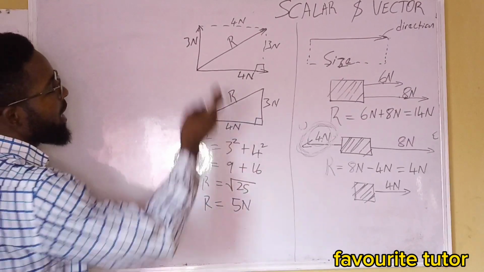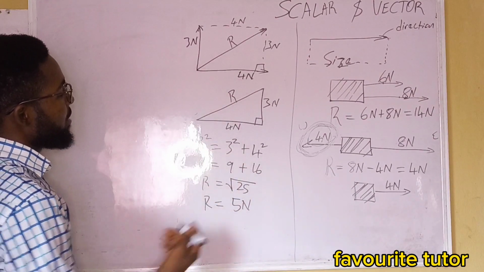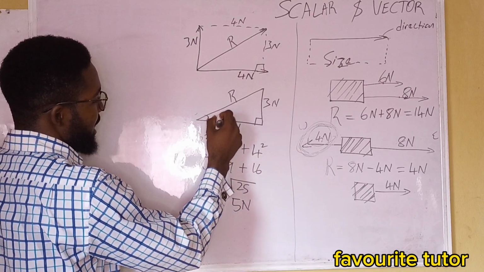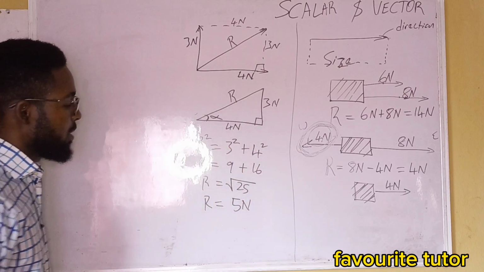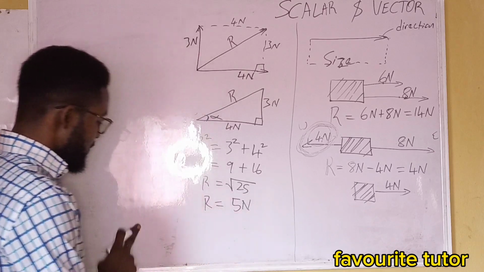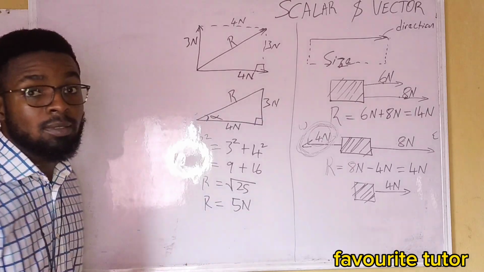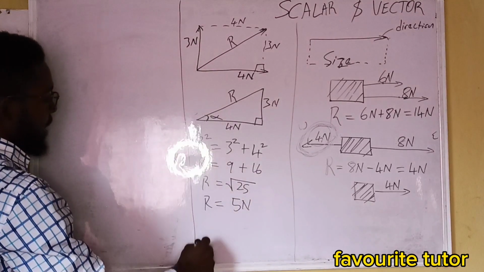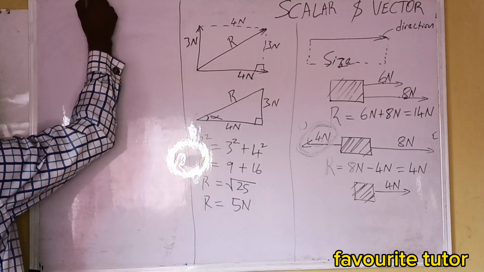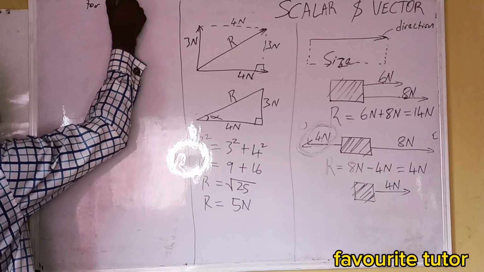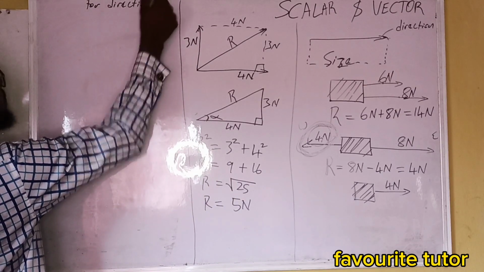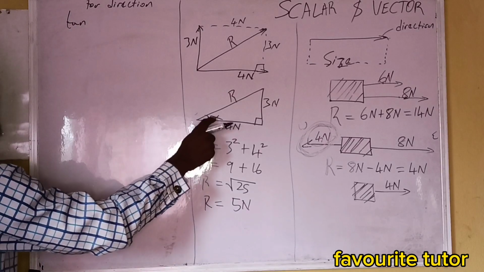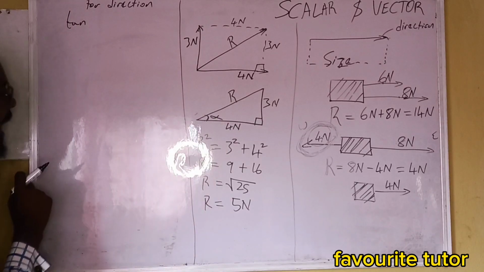Okay, now to get the direction, we are looking for the angle, either theta or alpha. To get the direction, we use tan. That means we are looking for alpha, which is the angle.